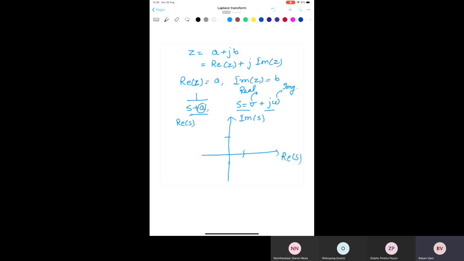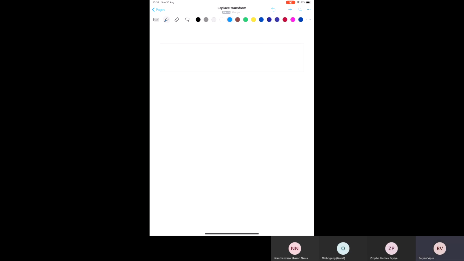Now I'm doing another one, and then I will let you ask any questions if you have any. e raised to the power minus t u of t. If we need to do the Laplace transform, again you will use the formula.